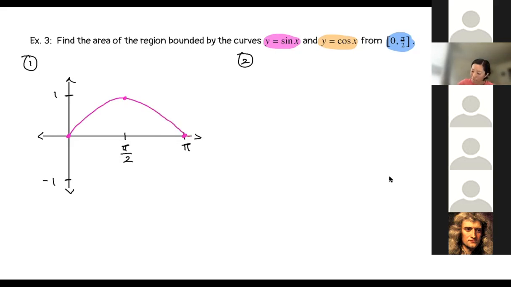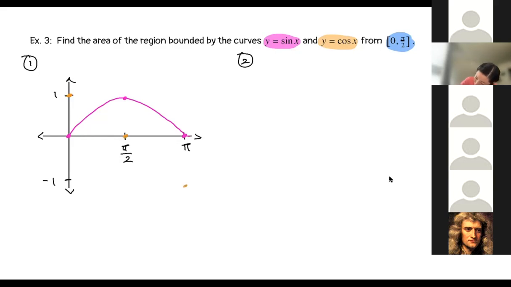All right, let's do the same thing for cosine. Cosine of 0, cosine of pi over 2, cosine of pi. I agree, it starts at 1. Cosine of pi over 2 goes to 0, and cosine of pi is at -1.